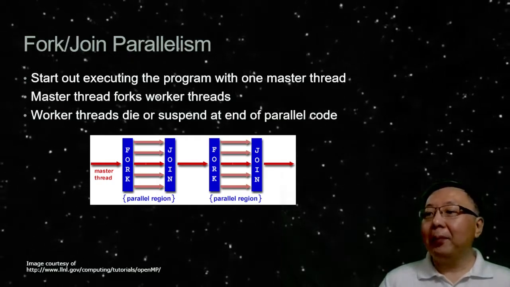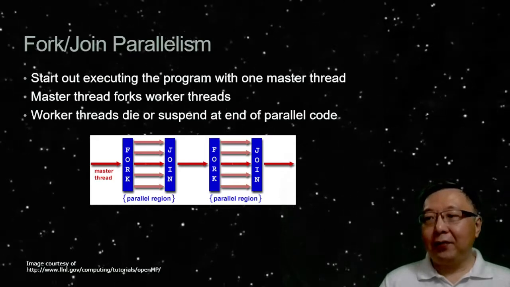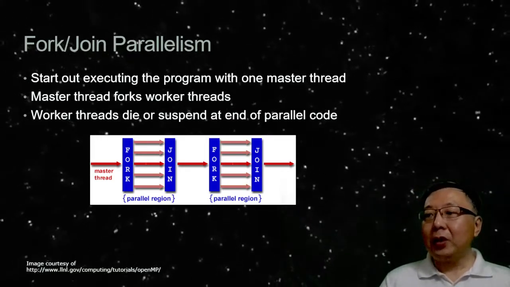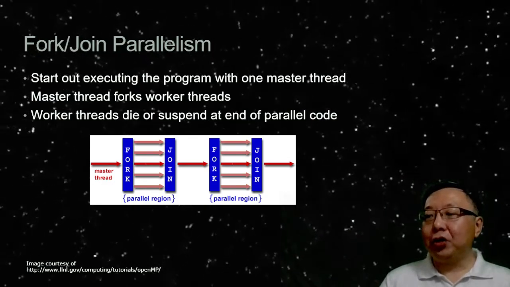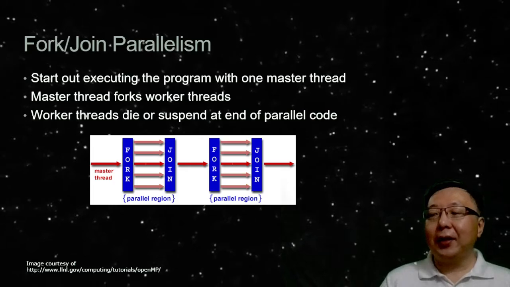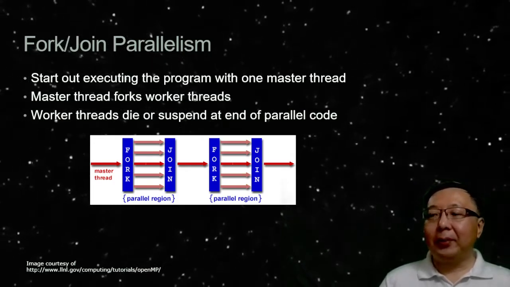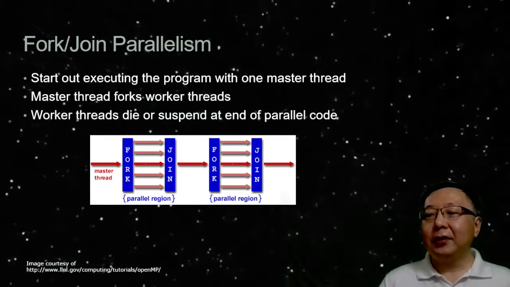So you've got the master thread fork and the worker thread forks, and when the worker threads die or suspend at the end of parallel code, it joins back to the master thread, and information is then passed on to the master thread. The master thread continues until it forks again, and so on.